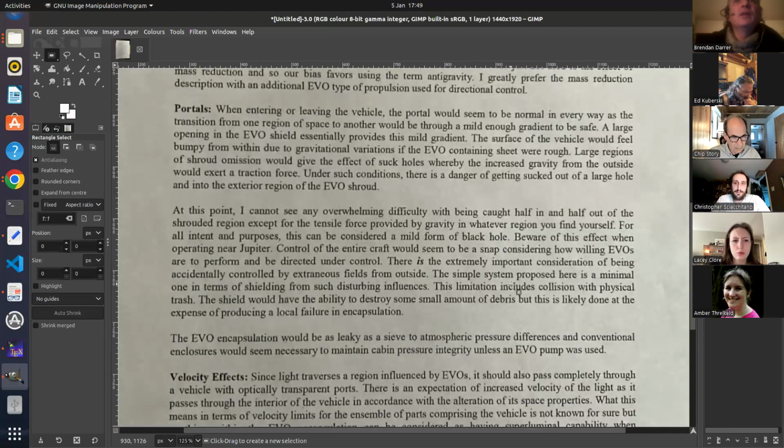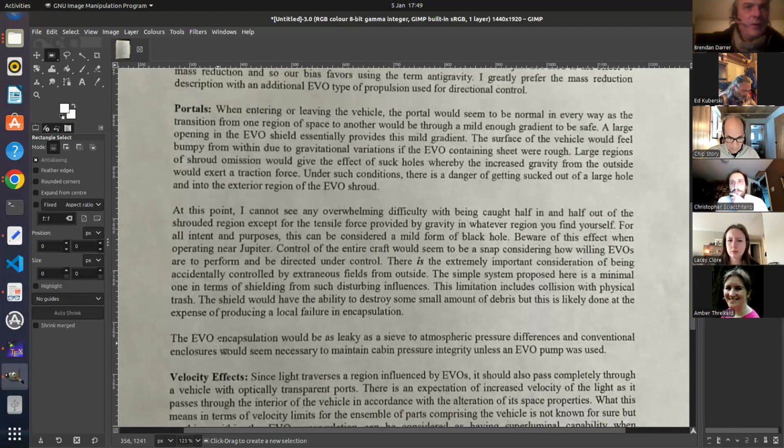This limitation includes collision with physical trash. Shield would have the ability to destroy some small amount of debris, but this is likely done at the expense of producing a local failure in encapsulation.